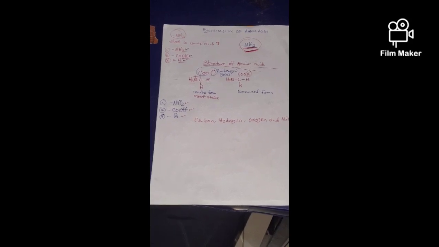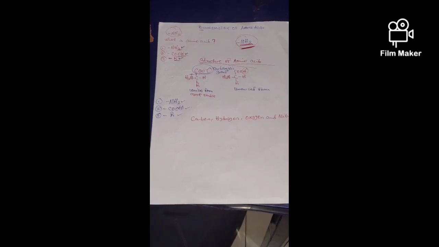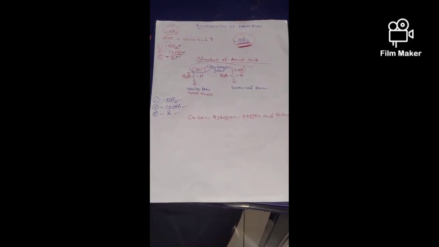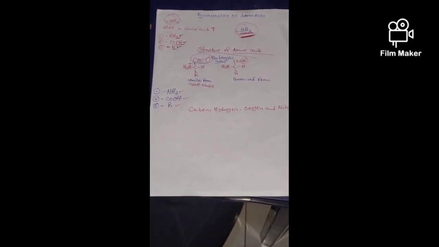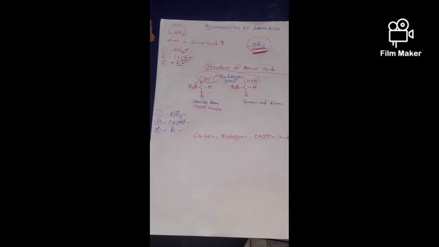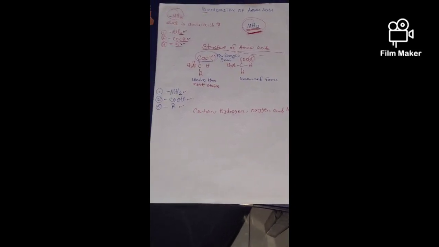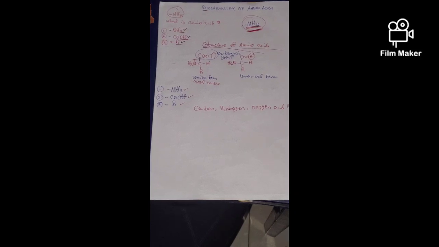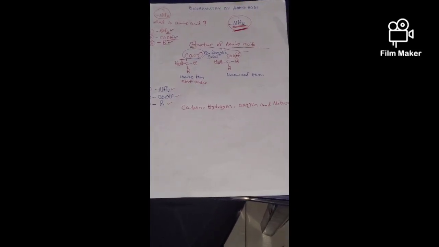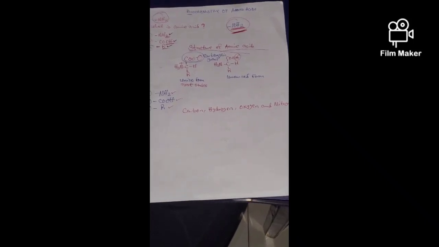Today we are going to be looking into the biochemistry of amino acids. We are going to be understanding the chemistry of amino acids. By way of introduction, we say amino acids are derivatives of carboxylic acids in which one hydrogen atom of the alkyl group has been replaced by an amino group.